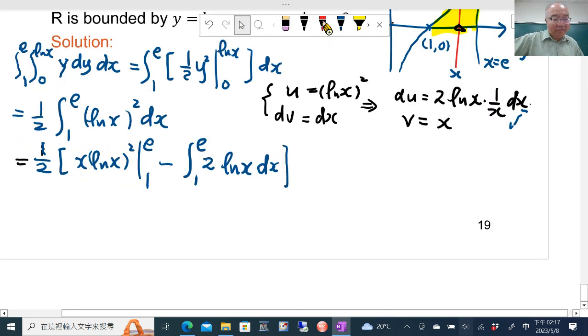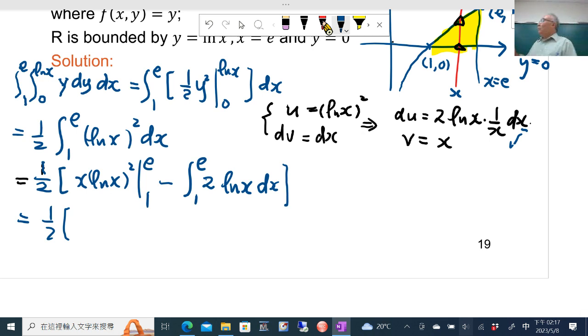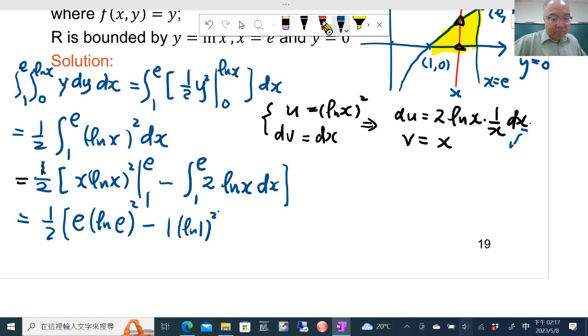Okay. So in the first part, 1/2 of, when you plug in e to the first one, we have e times ln e to the power 2 minus 1 times ln 1 to the power 2. That's the first term. Okay.